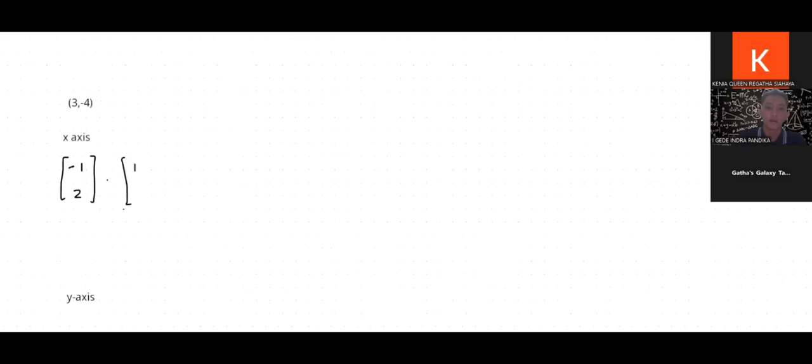To find the reflection about the x-axis, we multiply the vector (-1, 2) by the standard matrix of the x-axis, which is [1 0; 0 -1].